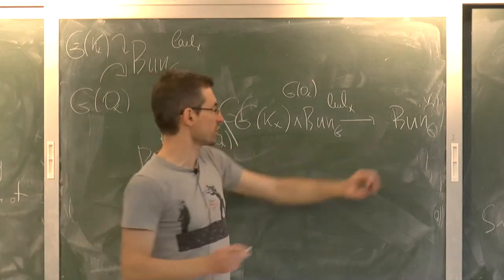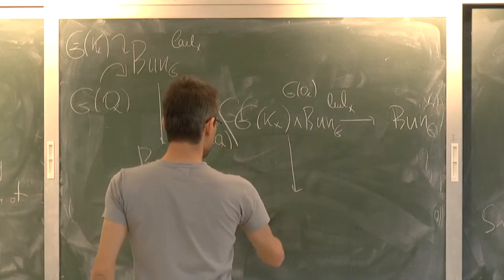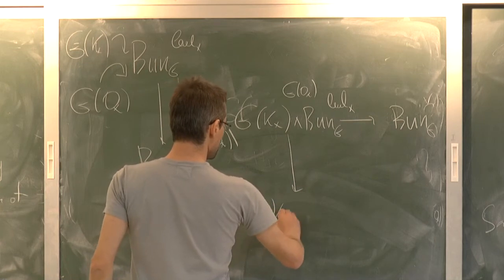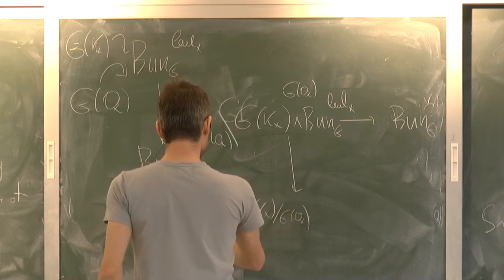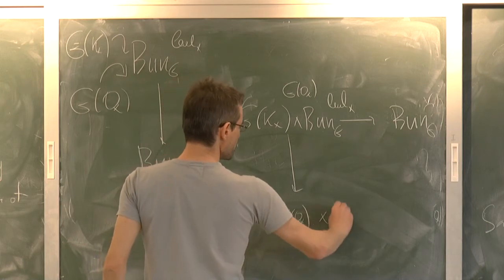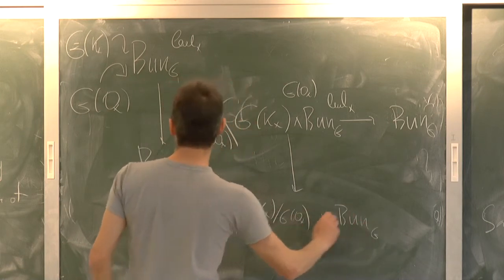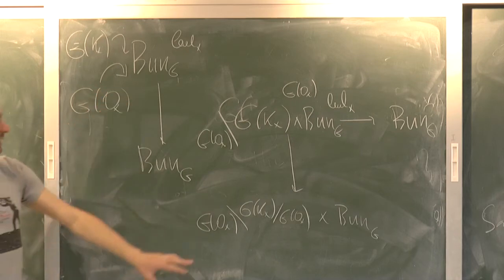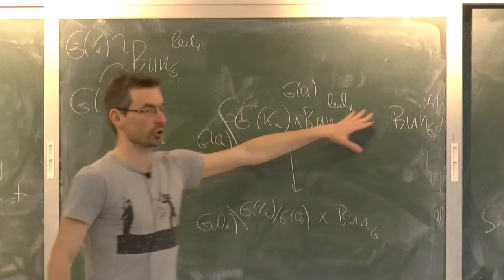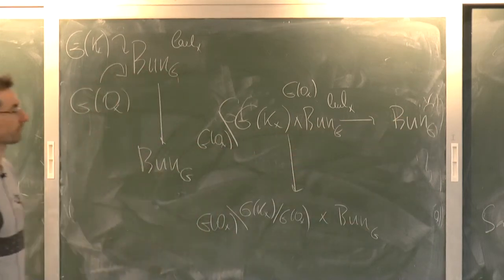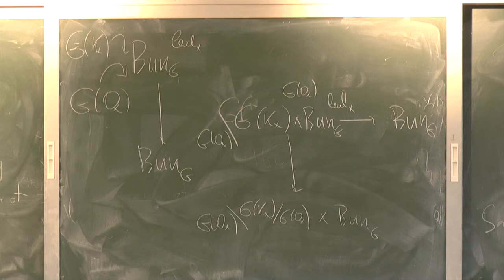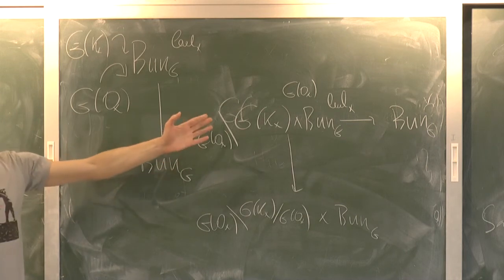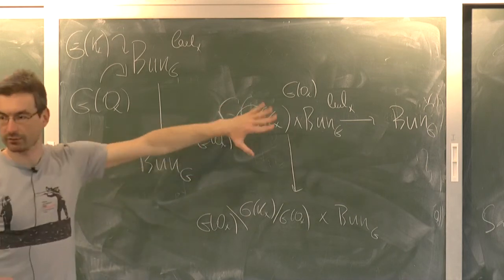So this is a map to Bun G. And here you'll go to G of K_x modulo G of O_X modulo G of O_X times Bun G. Again, I'm using all the time that Bun G level divided by G of O_X is Bun G. And again, your monoidal operation, your action, is pull-push. And again, this diagram defines the action.